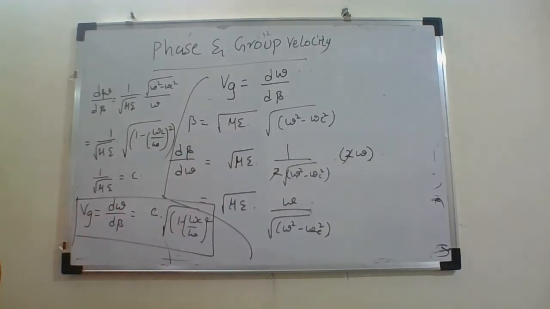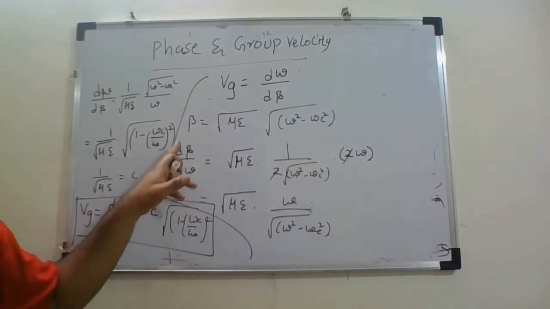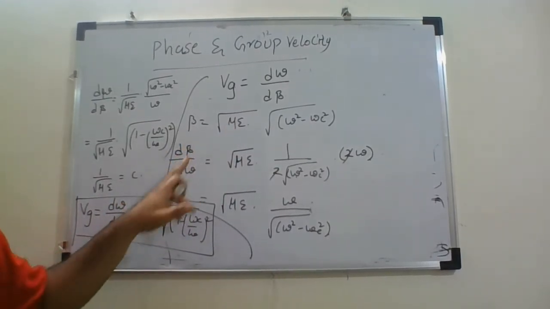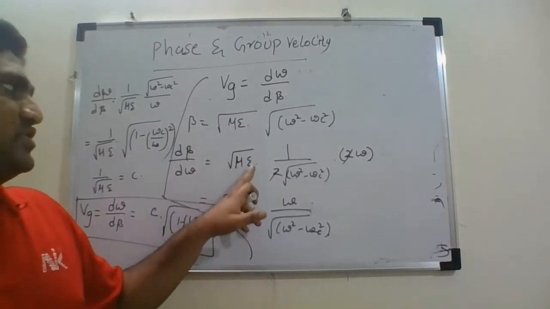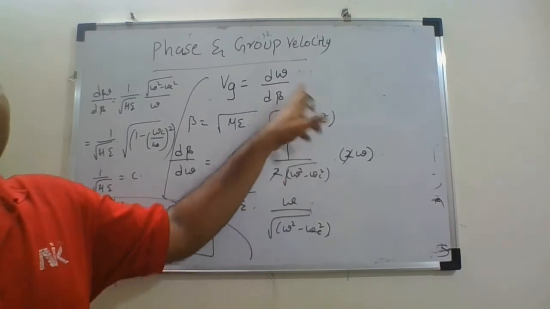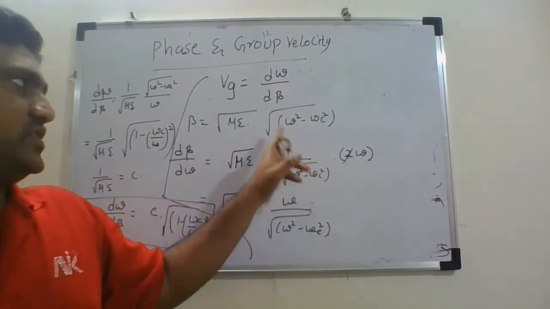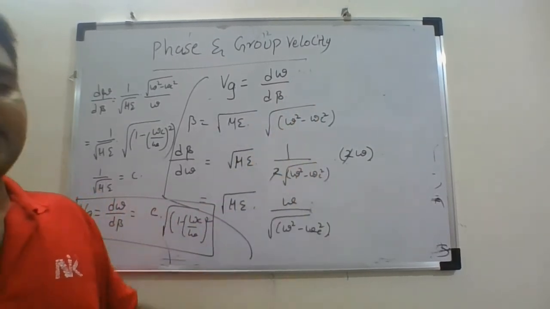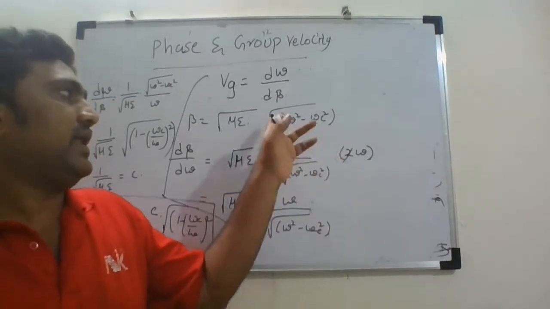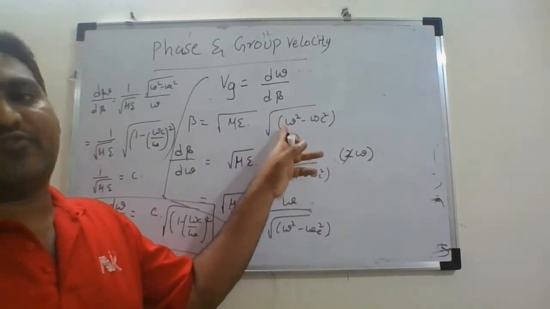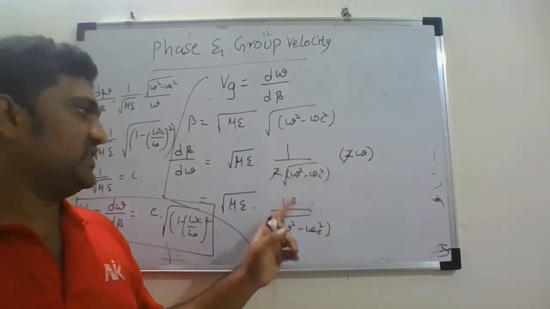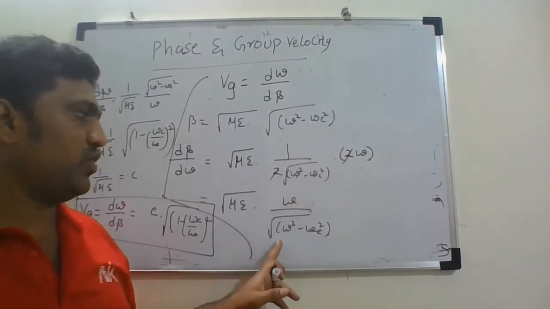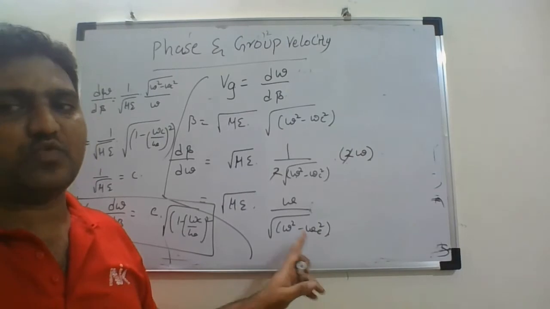Differentiating with respect to omega, d beta by d omega is equal to root of mu epsilon into 1 by 2 root x, into the differentiation of omega square, which is 2 omega. The 2 gets cancelled, so I get omega by root of omega square minus omega c square.